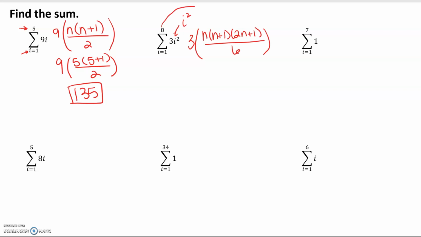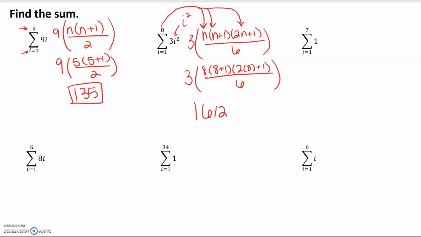I have 8 terms, so I'm going to my 8th term number. So I am saying 3 times 8 plus 1 times 2 times 8 plus 1, all over 6. And for this one, I get 612 when I type it all in my calculator.